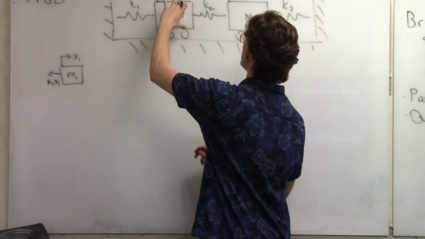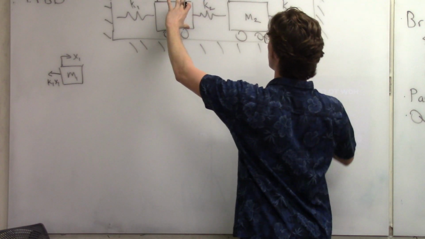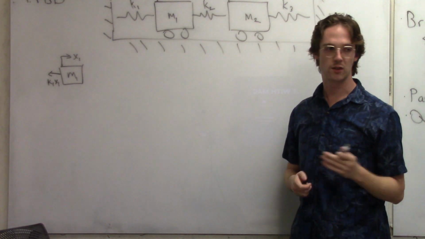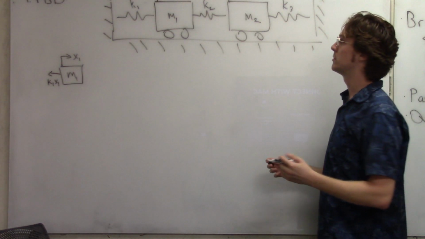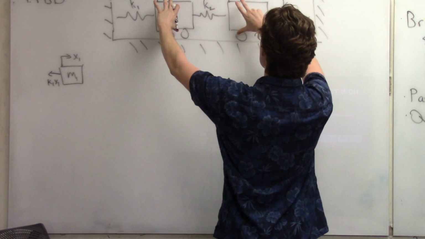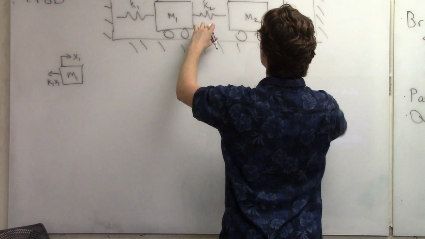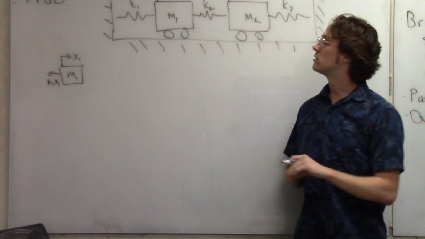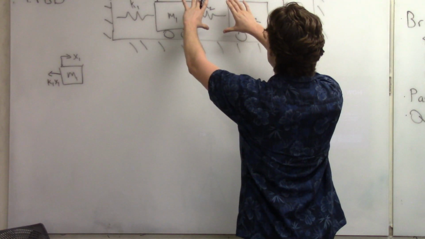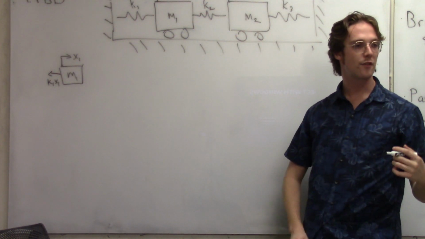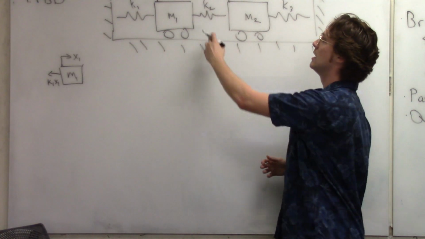And then, if I push it this way, I'm also going to get a resistive force from K2. The important thing to remember when you're setting up these systems is that if I moved M1 and M2 by the same amount, K2 would not change length. Would you all agree with that? So it's the compression and the tension of the spring that causes that force. Therefore, it can't be just the position, K2 x2.